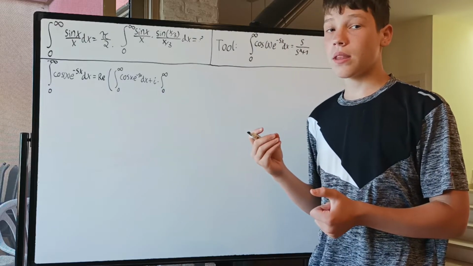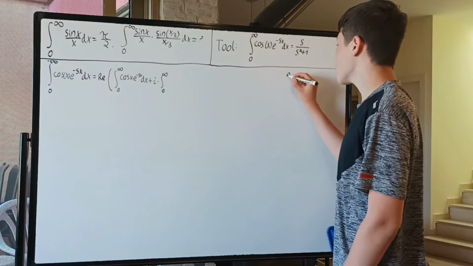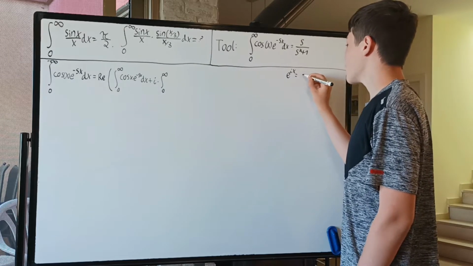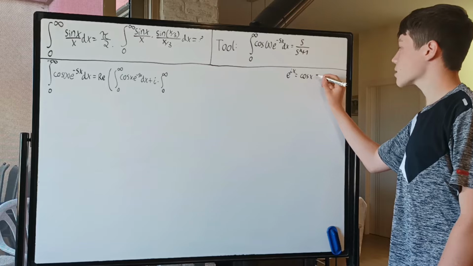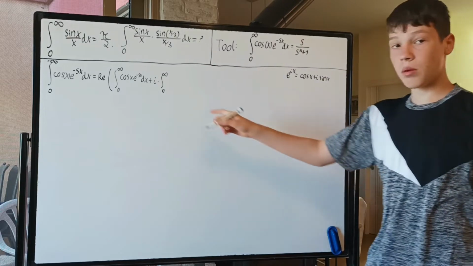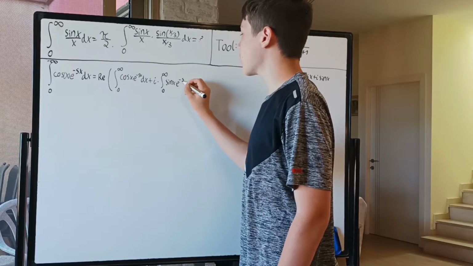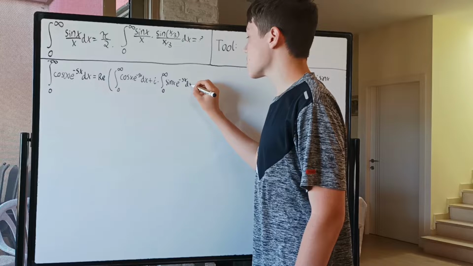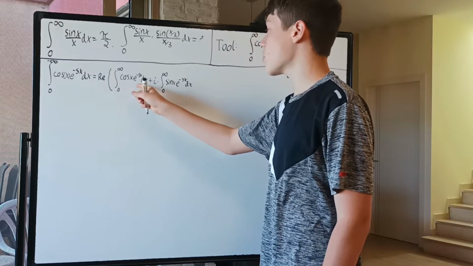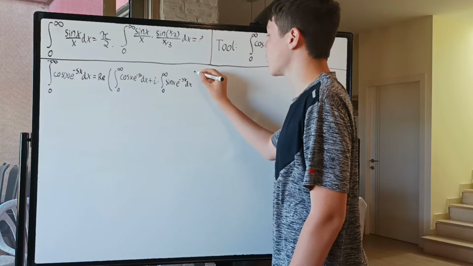Well, that will mean we'll use Euler's formula, which says e to the ix is cosine x plus I sine x. So what we want to put here is sine x e to the negative sx dx. So when we combine these two, cosine x plus I sine x will turn into e to the ix.